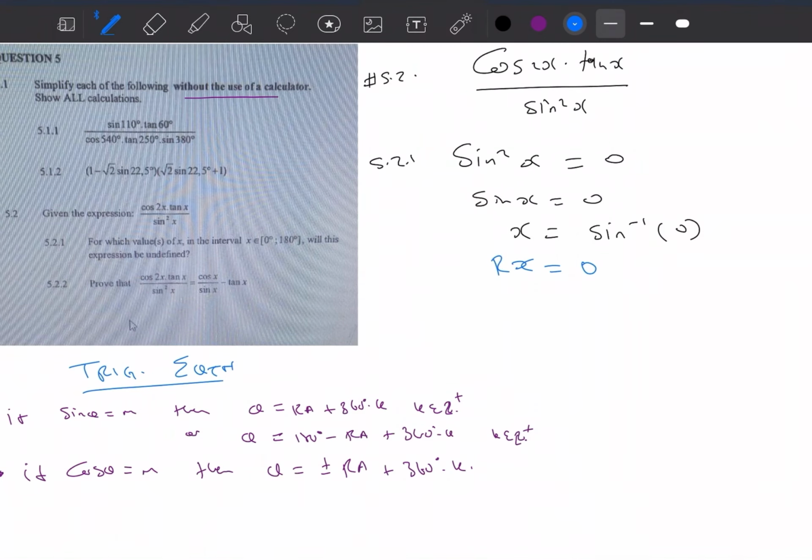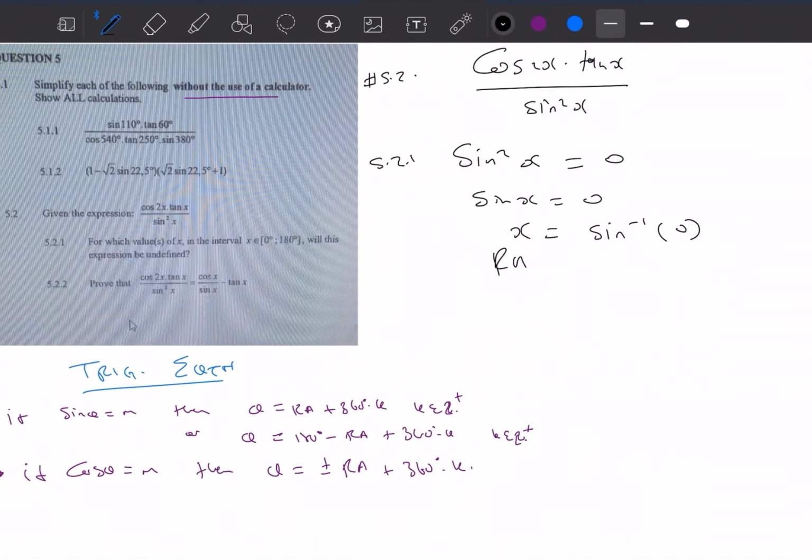This is not your x, this is your reference angle. So when you punch in sine inverse of 30 degrees, that is not your x, that's your reference angle. So sine inverse of 0 is the reference angle in our case.